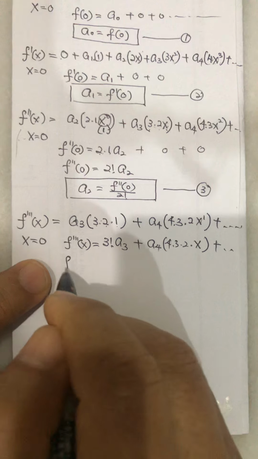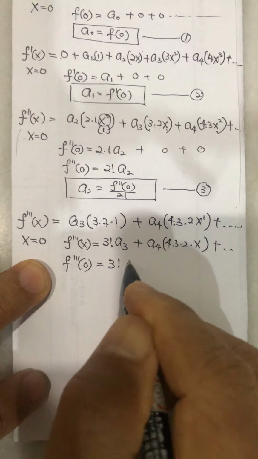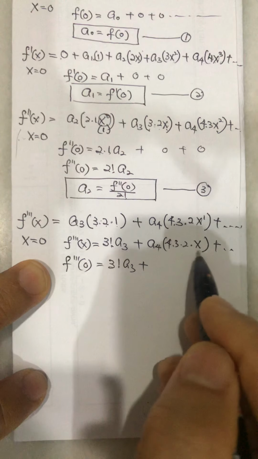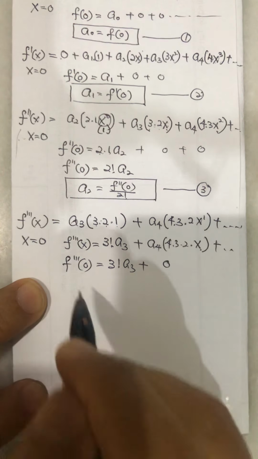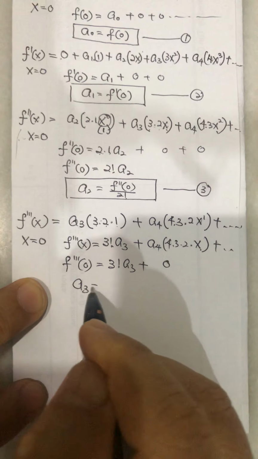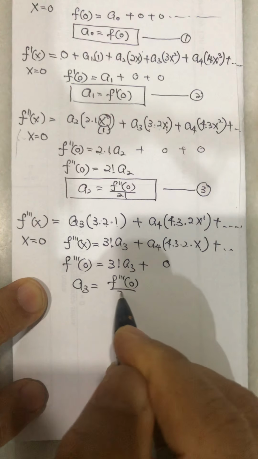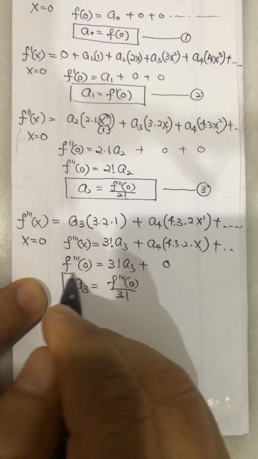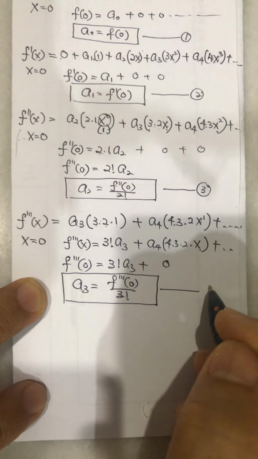I will get f triple prime 0 equals to 3 factorial a3, and then this one will be 0 because of the x here. Therefore I get my a3 is equal to f triple prime 0 over 3 factorial. So this is what I get. Okay, so this is the a3.